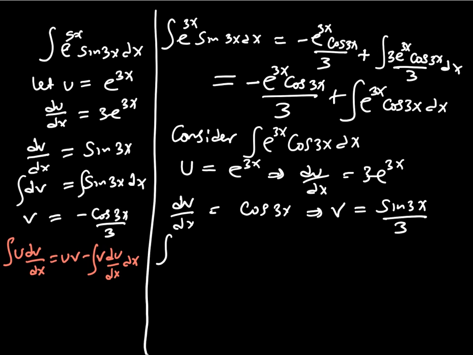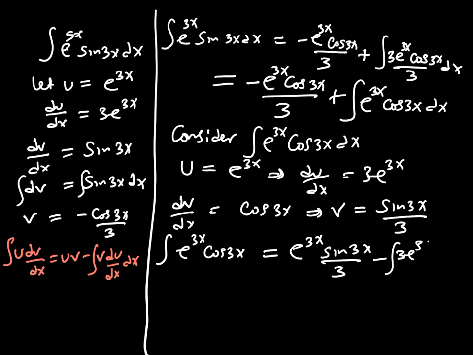So the integral of e to power 3x cos 3x gives us uv. Substitute, u is e to power 3x, and v is sine 3x out of 3, minus the integral of v du by dx. But look at du by dx, it is 3 e to power 3x, then v is sine 3x out of 3, then dx. So the 3 cancels out, and then we end up with this.